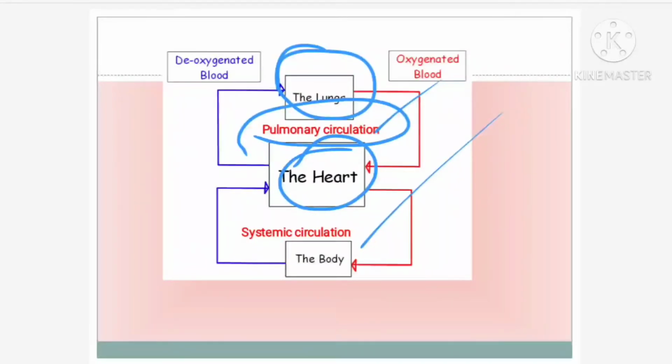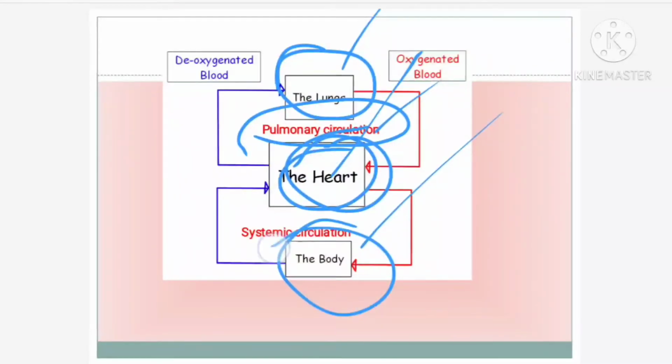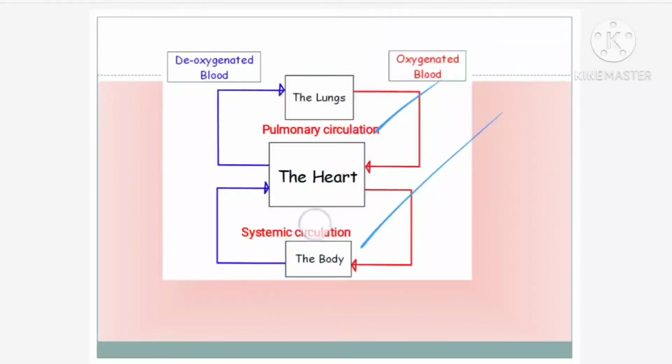And what is systemic circulation? Systemic circulation is the circulation between the heart and different parts of my body. So, that is why the name is given as what?